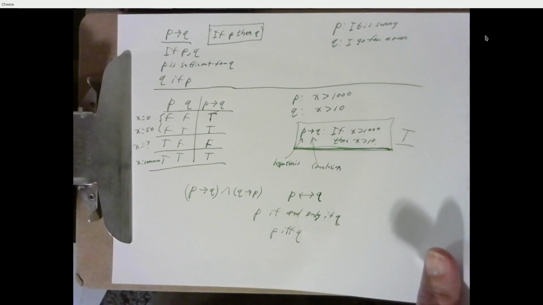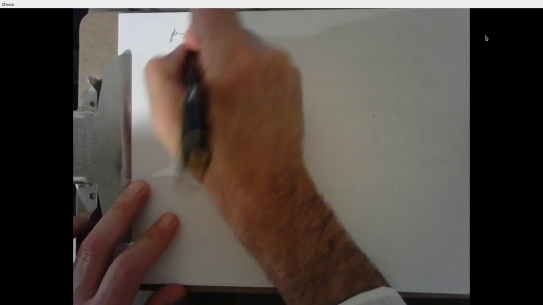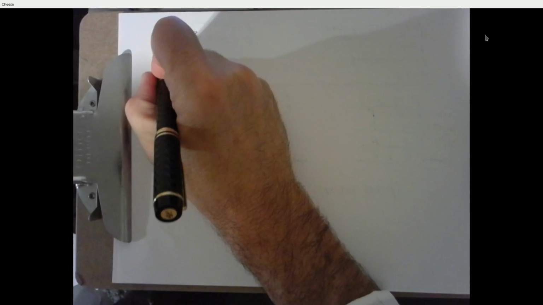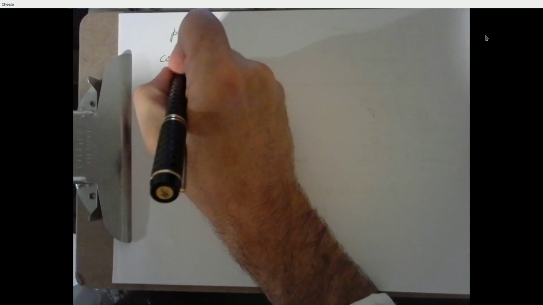All right, the last thing we want to talk about in this lecture is three other ways of creating new propositions from old. So suppose we have P and Q being two propositions, and we have our conditional proposition if P then Q. Well, we can create a new proposition called the converse.